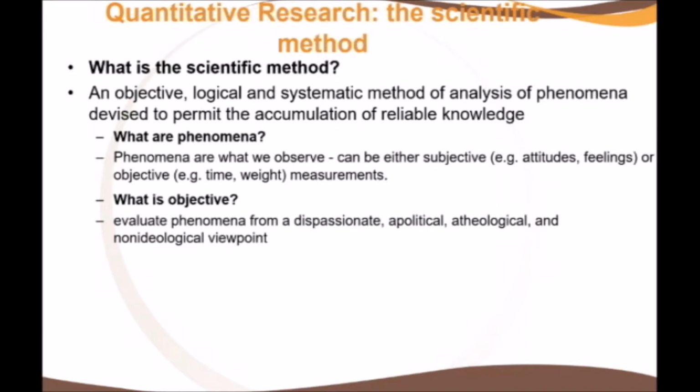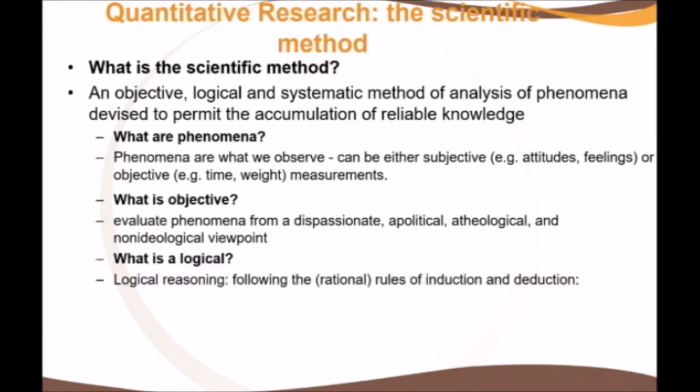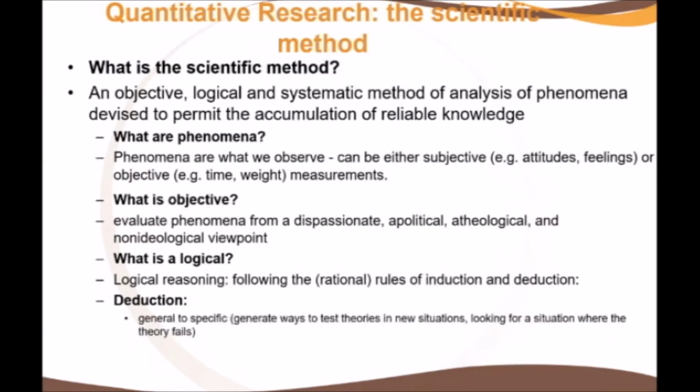So a scientific process has to be logical. It does not have to be something that we just pick out of the sky. It has to be rational. It has to follow the rules of induction and deduction. And what do I mean by deduction? Deduction is where we move from the general to the specific, generating ways to test theories in new situations.